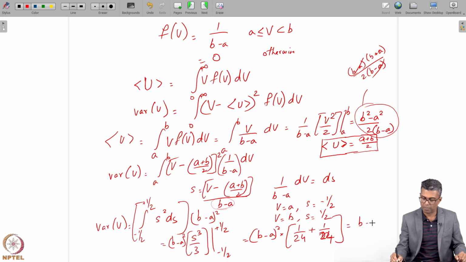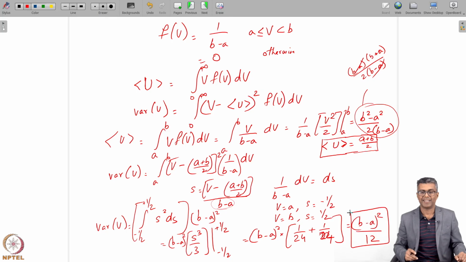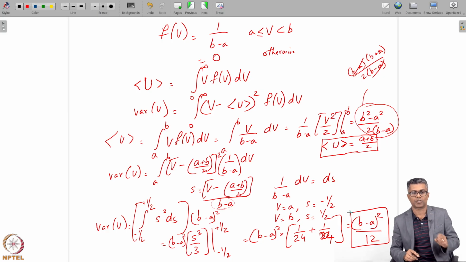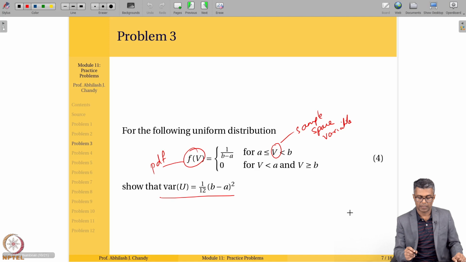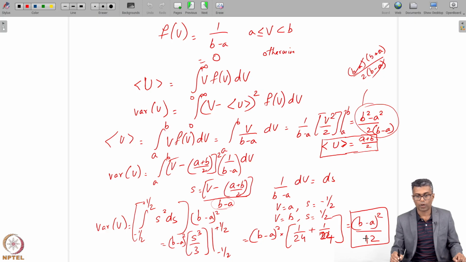So that would be (b − a) squared divided by 12. That is my variance of u. Isn't that what I had to prove? 1/12 (b − a) squared. And that's what I got.